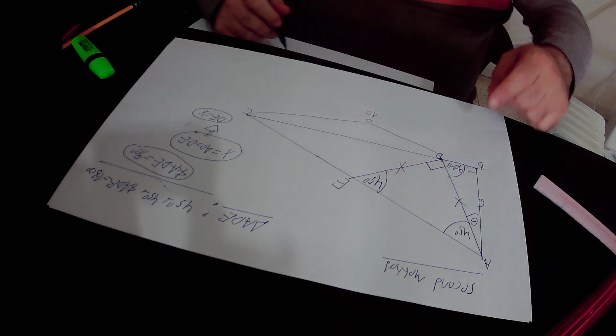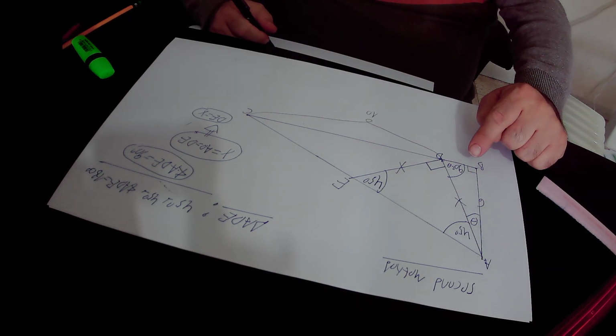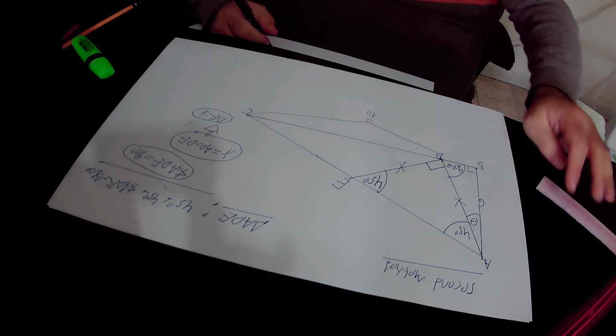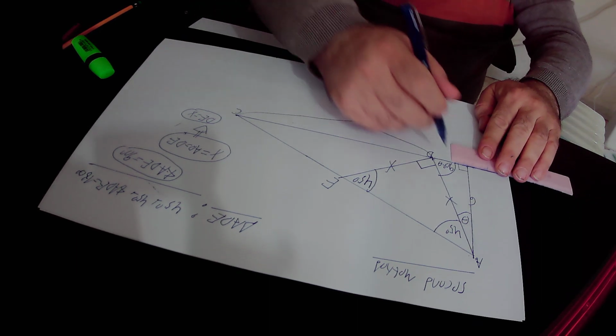Why? Because theta plus 90 degrees minus theta is equal to 90 degrees, and 90 degrees plus 90 degrees is 180 degrees. Okay?